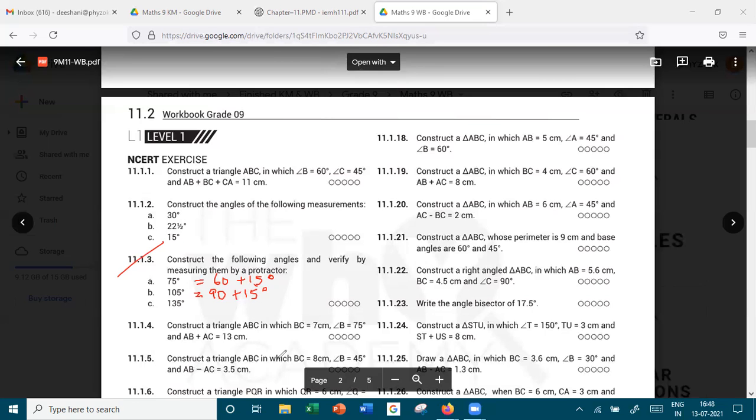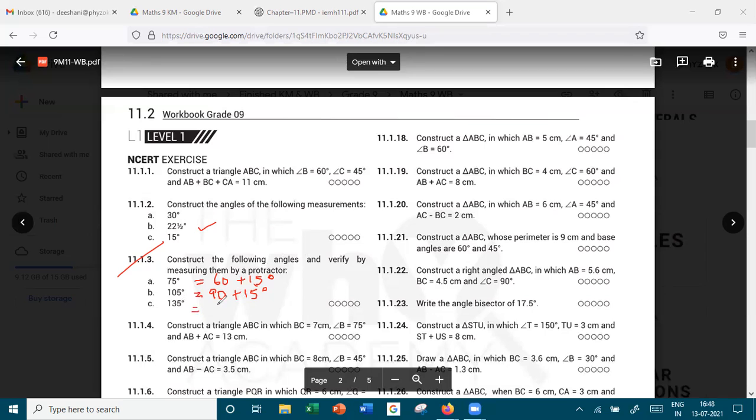Yeah, that's a way to remember. Again, it depends, because 22.5 also comes, right? So one way to remember is that multiples of 15 you would definitely be able to construct, but there would be a few apart from that also. So 105 would be 90 plus 15.